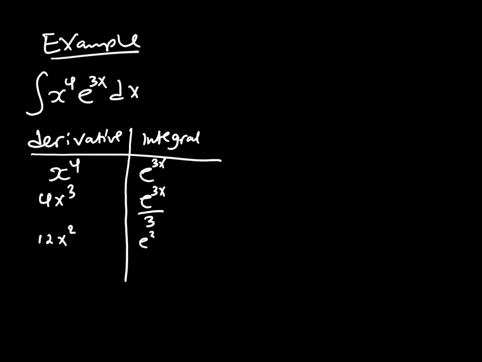integrate e to power 3x over 9, differentiate, this is going to be 24x, okay, integrate e to 3x over 27, differentiate 24, integrate e to power 3x over 27 times 3, which is 81.